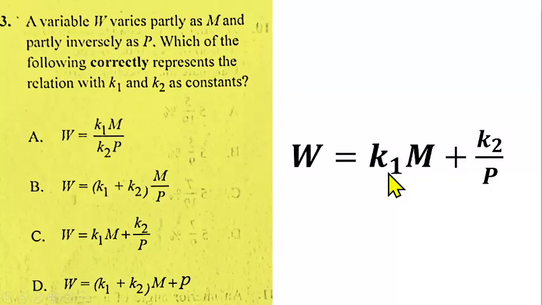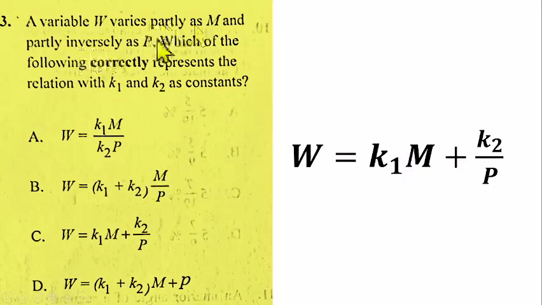That will give us a k1 there. So w varies partly as m, so w is equal to m, but this m will have a constant, which is the k1, and partly inversely as p. So this p also will have a constant, which is the k2, but we are having inverse there.